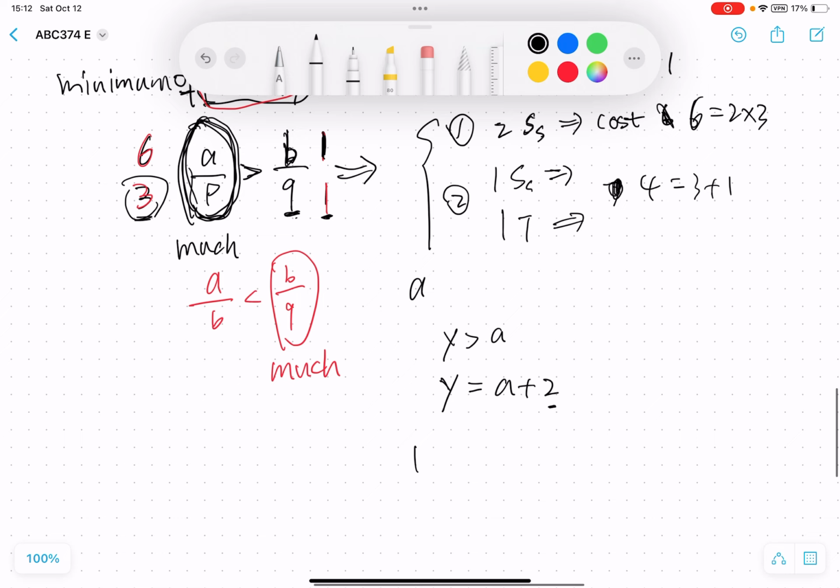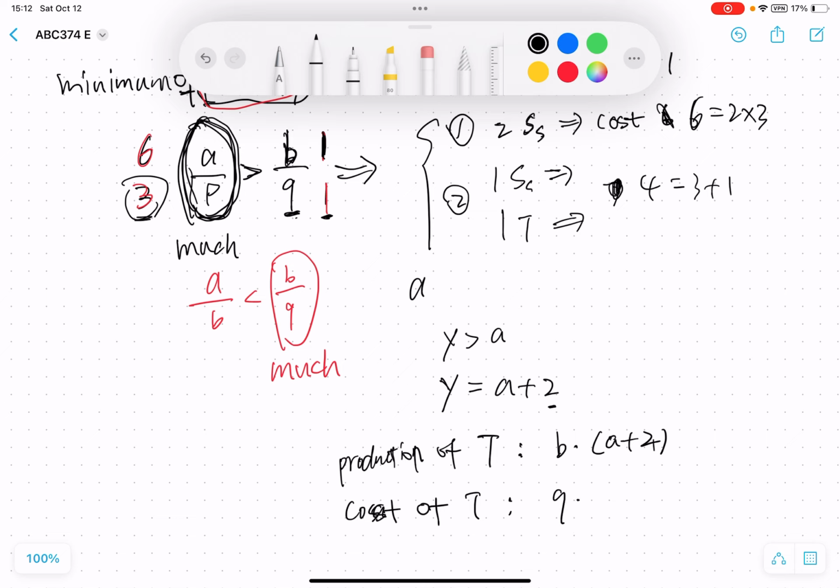So the production of machine T is B plus 8 plus Z. The cost of T means Q plus 8 multiplied plus Z.